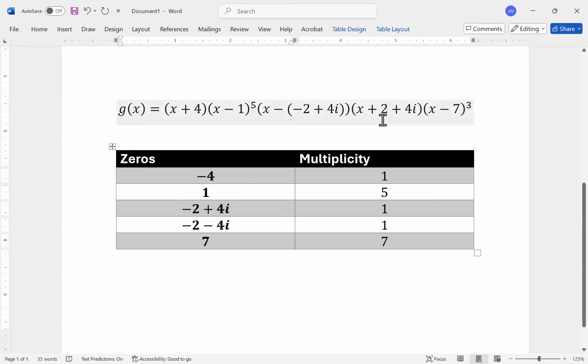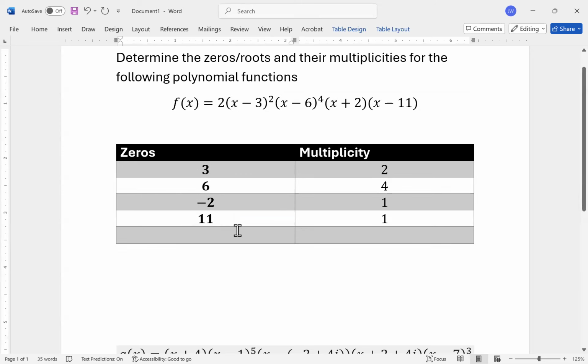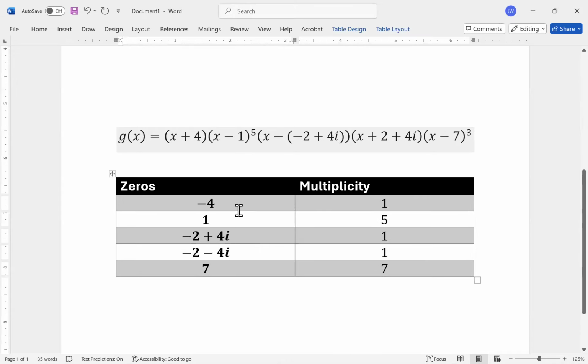So that's zeros and multiplicities. Notice that we didn't fill out the entire table on this one. Sometimes that happens. You'll be given more slots to fill out than you actually have zeros for. Other times it'll match perfectly, where the number of slots you have matches perfectly with the number of zeros that exist.